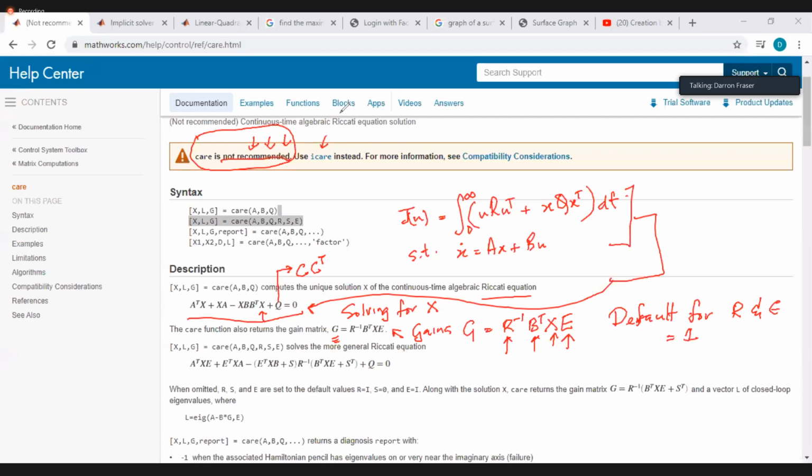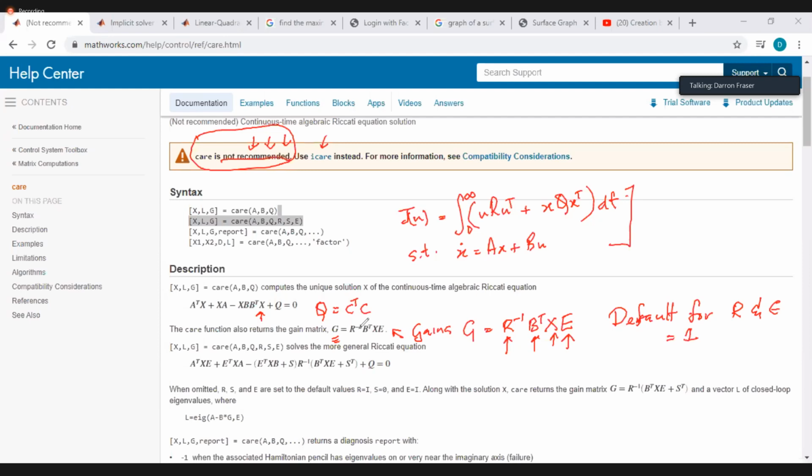C transpose times C. So Q is equal to C transpose times C. R is 1 and X is 1. And then we solve the Riccati equation to get X.